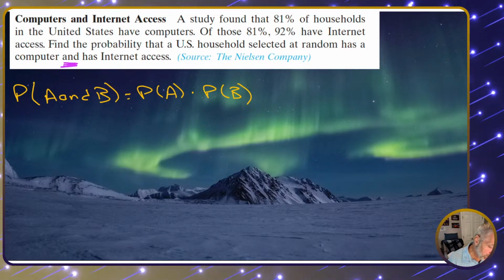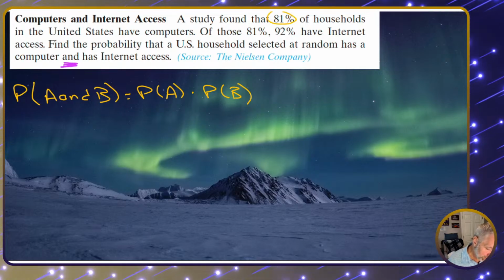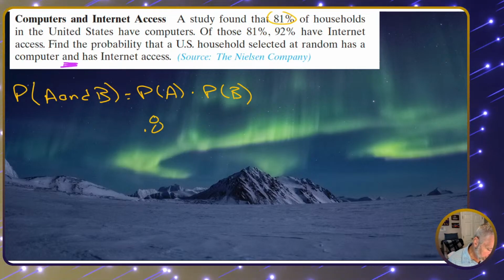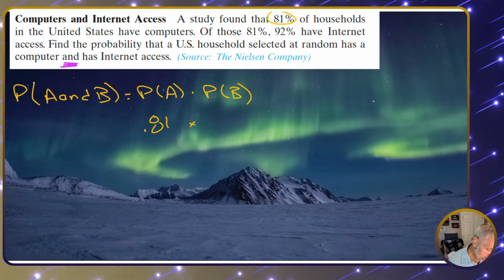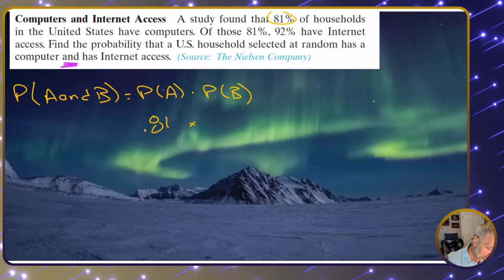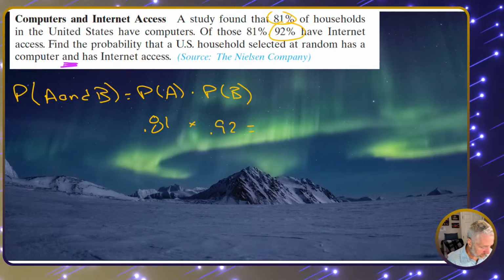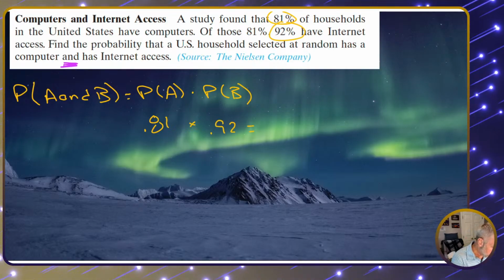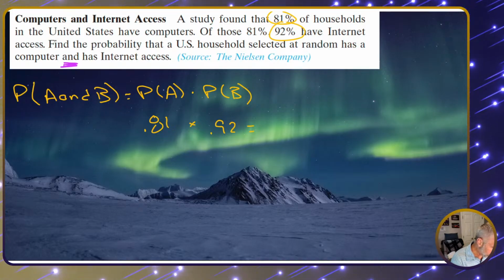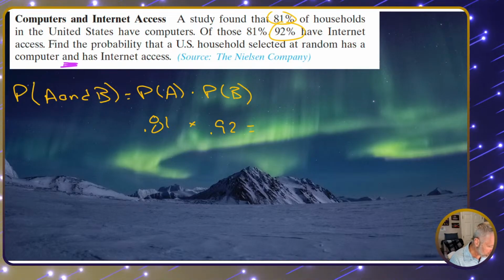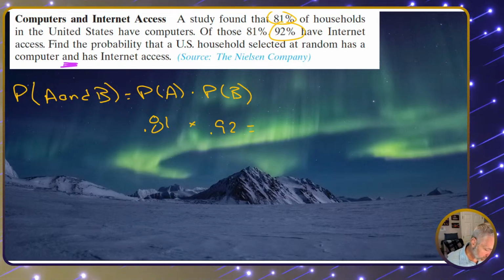So 81% of households have computers. So you've got 0.81 here times the probability of B, which is have internet access, which is 92%, 0.92. Well, I don't know what that is. 0.81 times 0.92. There it is.